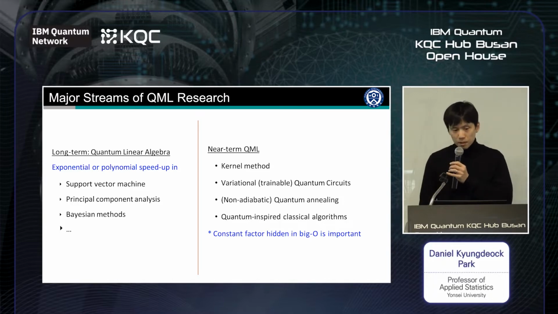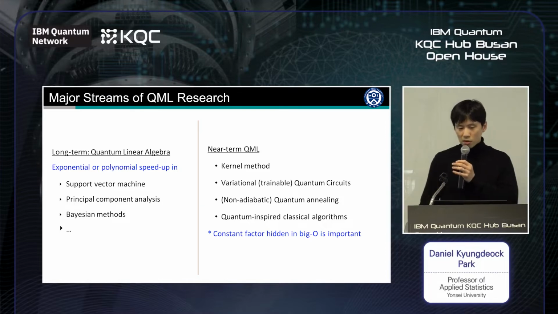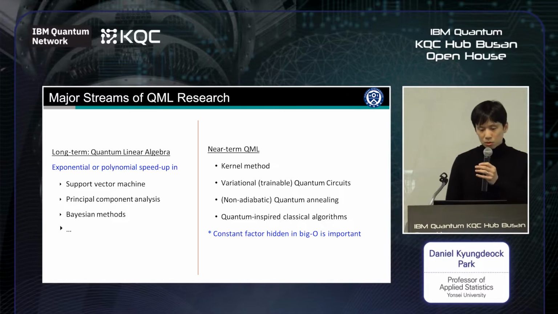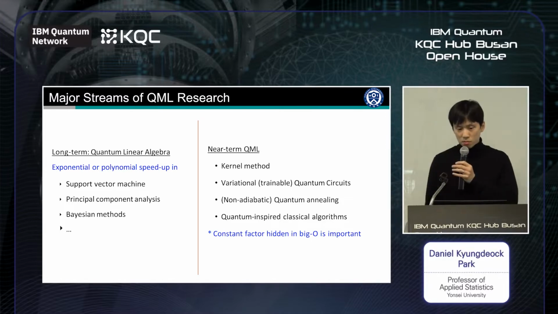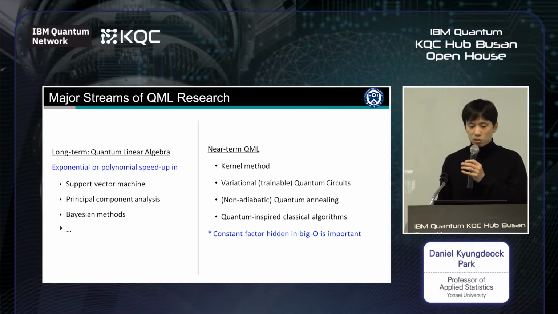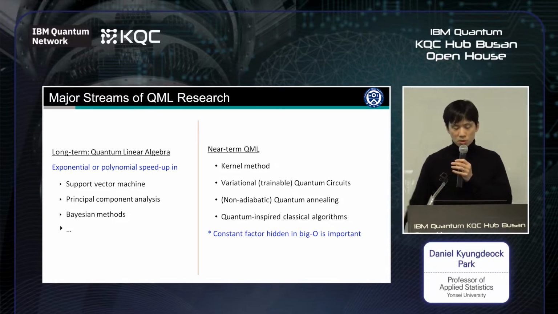In other words, even though this is a great algorithm, we have no idea when we'll have a quantum computer that will allow us to implement it. Shor's algorithm will be easier to implement on a quantum computer than this matrix inversion algorithm. So this is a long-term perspective.